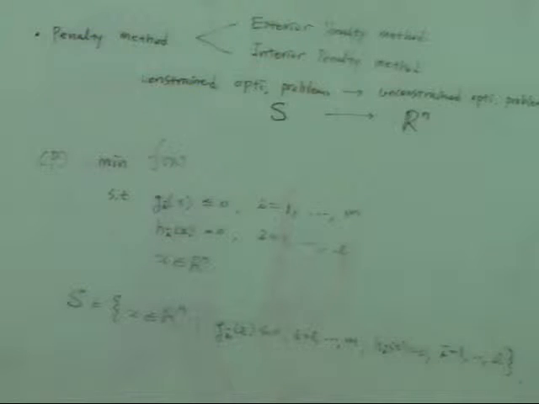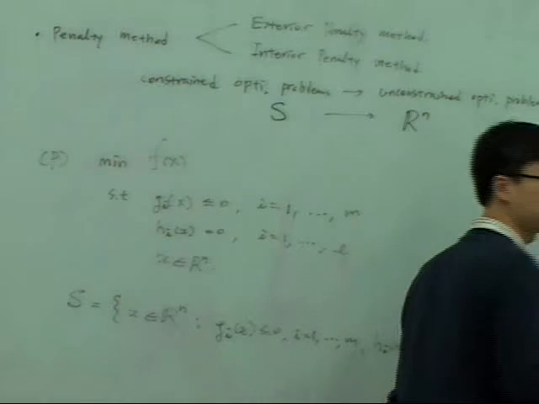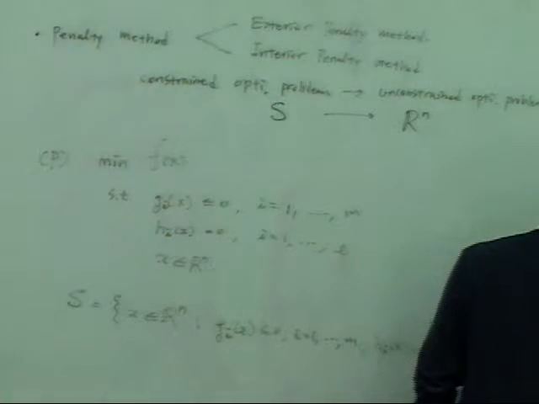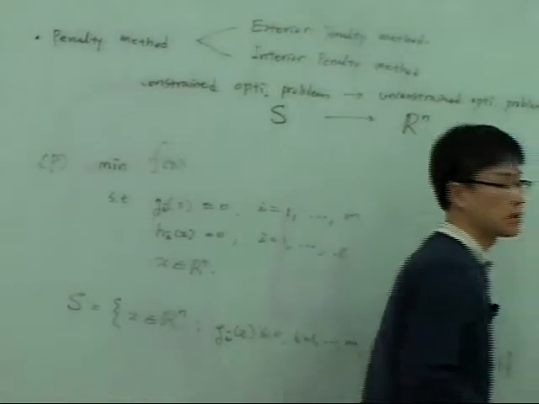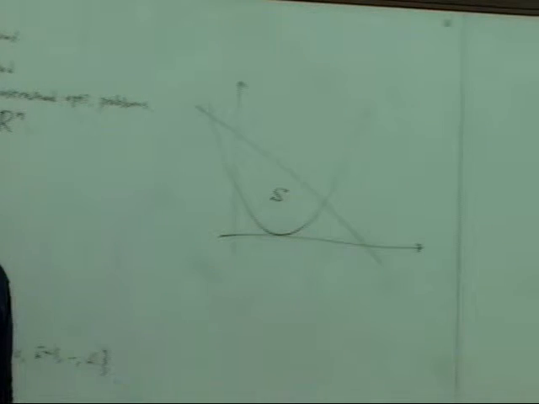Let's say there is some function like that. And maybe our feasible region is something like this. We are only allowed to search inside of this enclosed region.